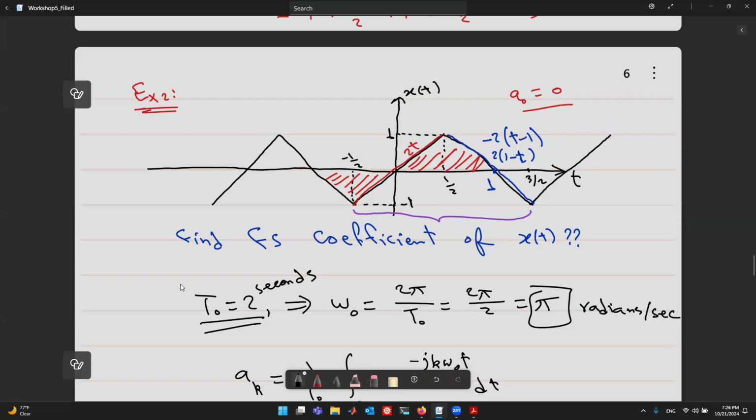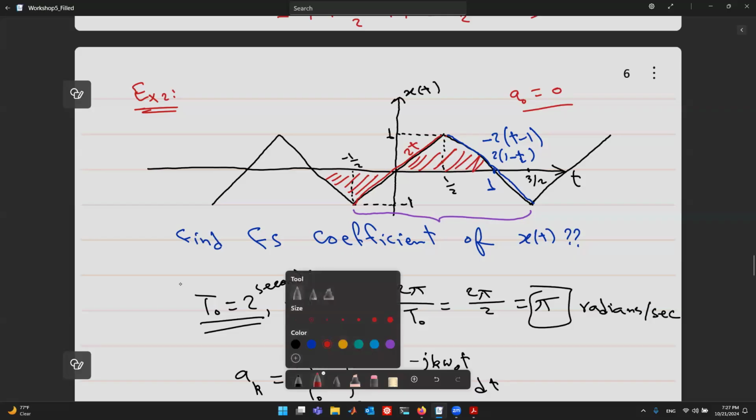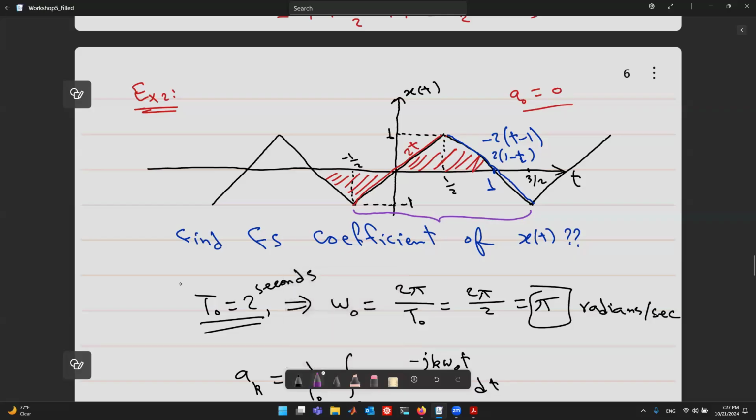I'm tempted to say 0 again, but I don't want to look silly. 1 and 0. Because like the first line, the red line, the derivative of that would be not 1, it would be the slope.